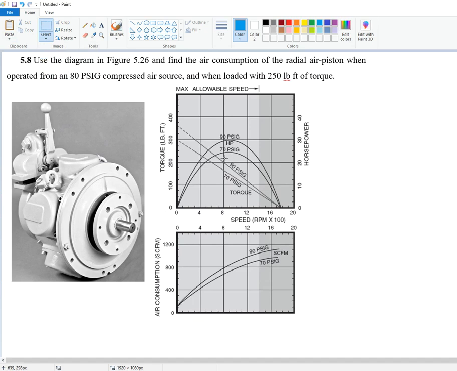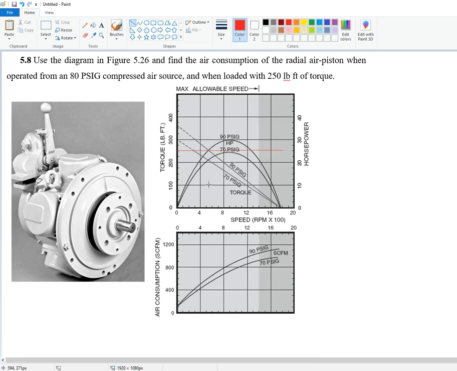So it's neither 70 psig nor 90. It's in between. Find the air consumption when loaded with 250 pound-foot of torque. Okay, so 250 pound-foot of torque will be this line, and I'm going to extend it all the way to the other side, or rather stop early.